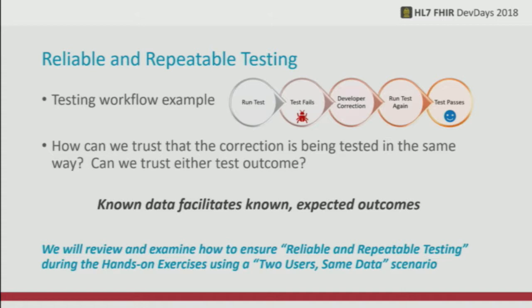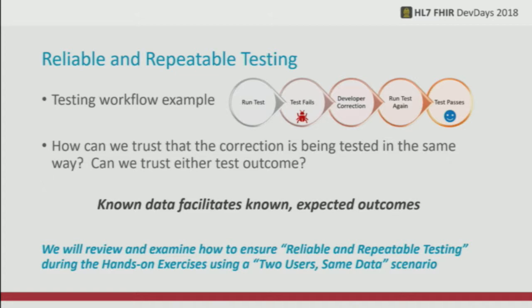One of the really important aspects of testing is the concept of reliable and repeatable testing. The workflow we go through typically follows this paradigm: you run a test, it fails, you go back to the developer, they correct it, redeploy, and then you run the test again and hopefully it passes.